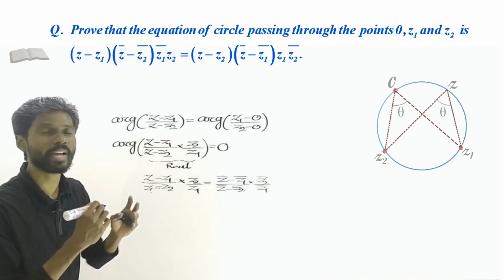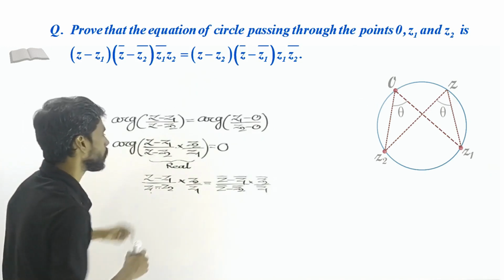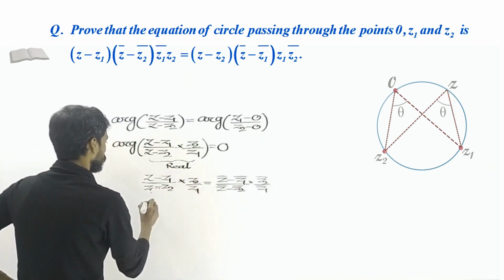The equation of a circle means a condition satisfied by a general point Z. So this is the condition. You multiply this, and what do you get?